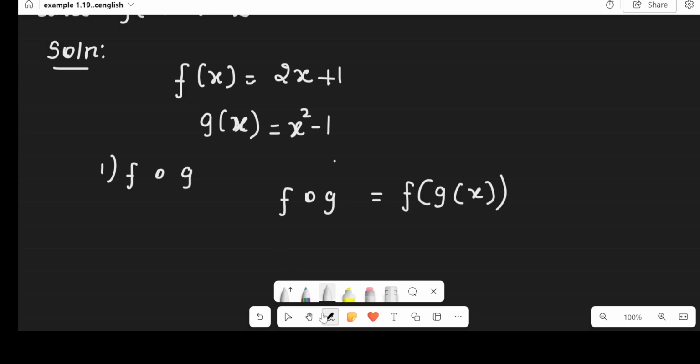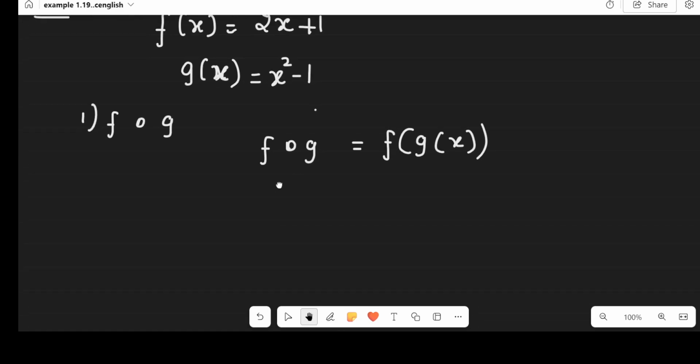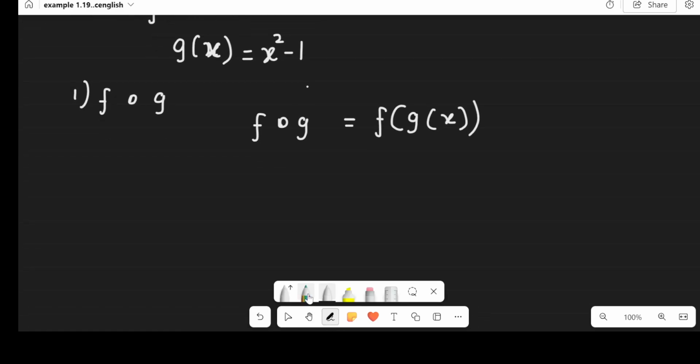So now we have to follow two rules. What is the first rule? We should apply the second function first. Here, what is the second function? G of x.